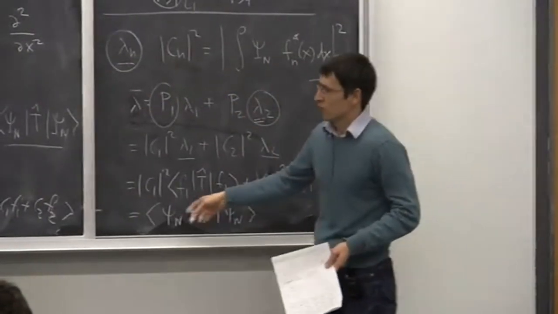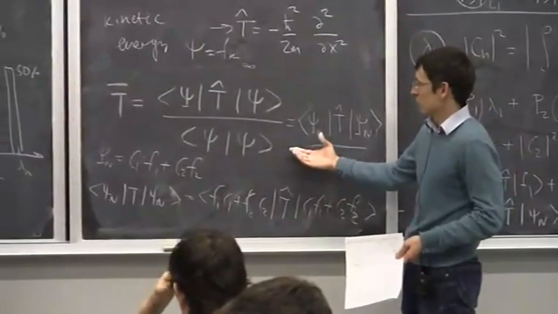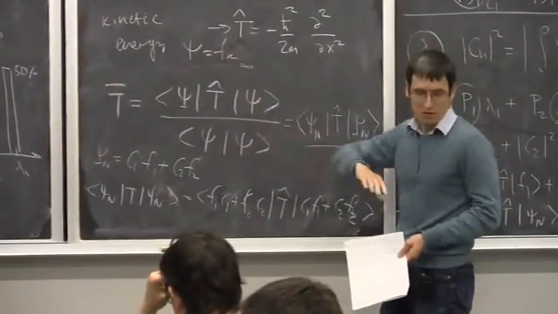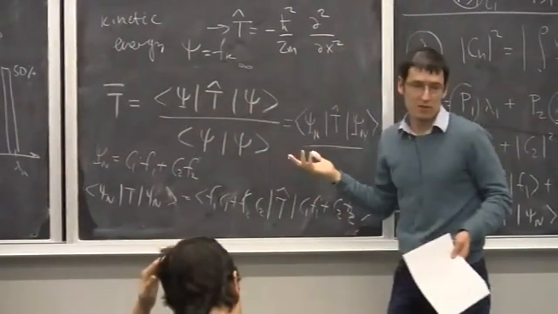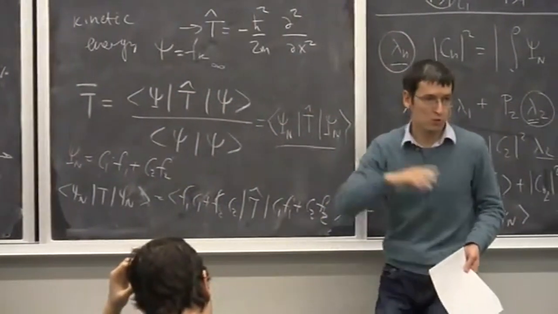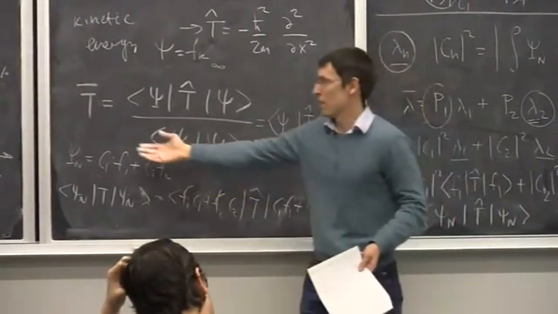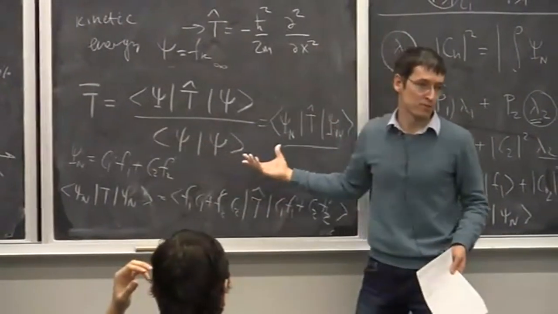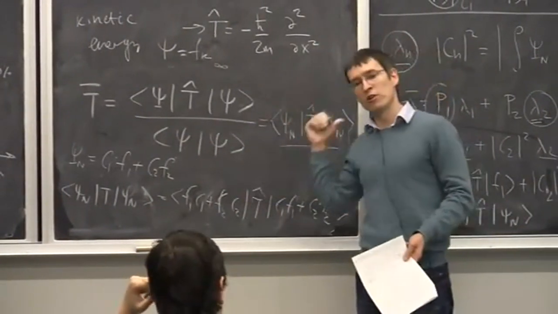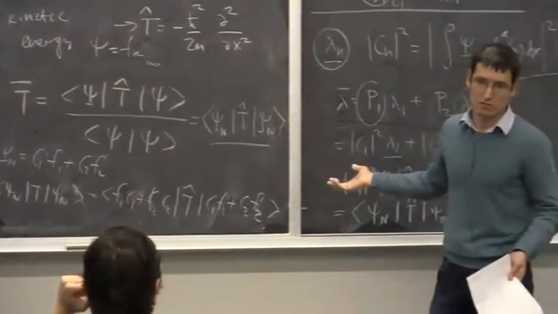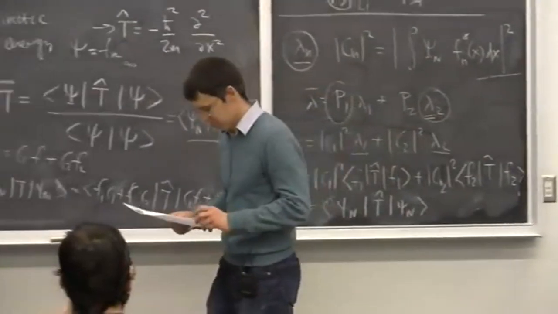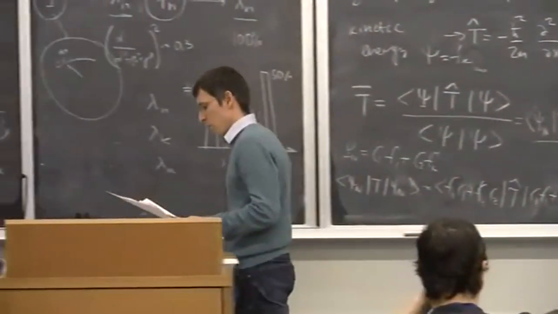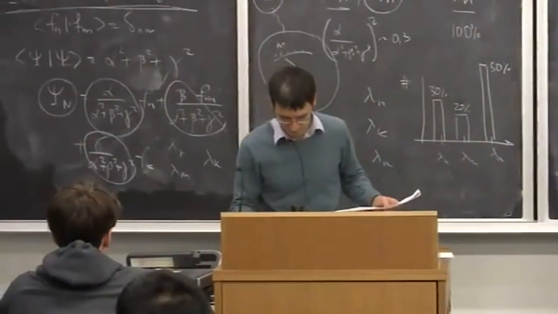And this average you can show algebraically is equivalent to just taking the function, forgetting about eigenfunctions, and making the expression like this. Okay? So you don't even need to go to the eigenfunctions to find the average. That's the beauty of this expression. And if you go to the eigenfunctions, then you will get an equivalent expression. Okay? And we'll talk about standard deviation next time.